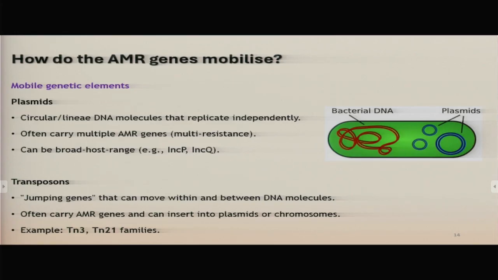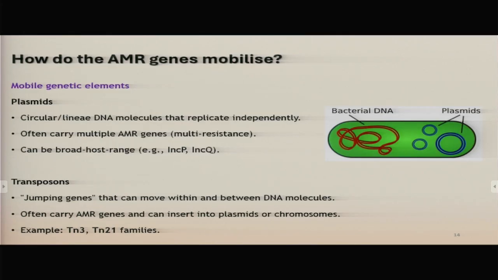And I told you previously as well, they can have a broad host range, which is basically that one type of plasmid can be found in E. coli, and a similar one can be found in Acinetobacter, and so on. That also depends on incompatibility and compatibility.